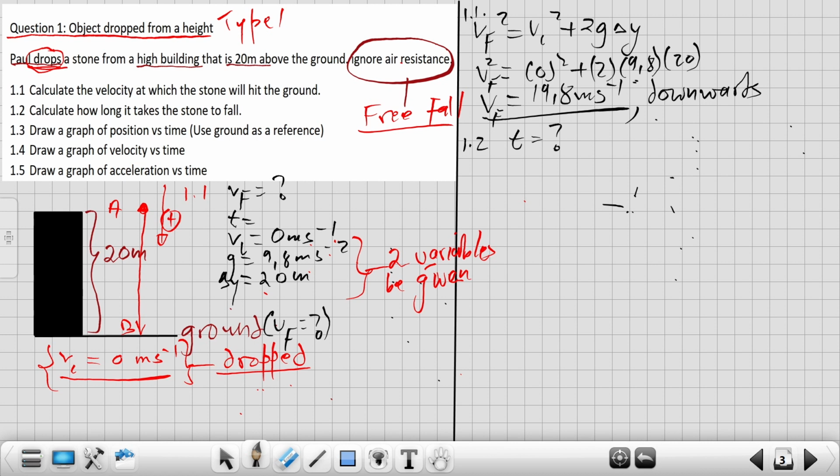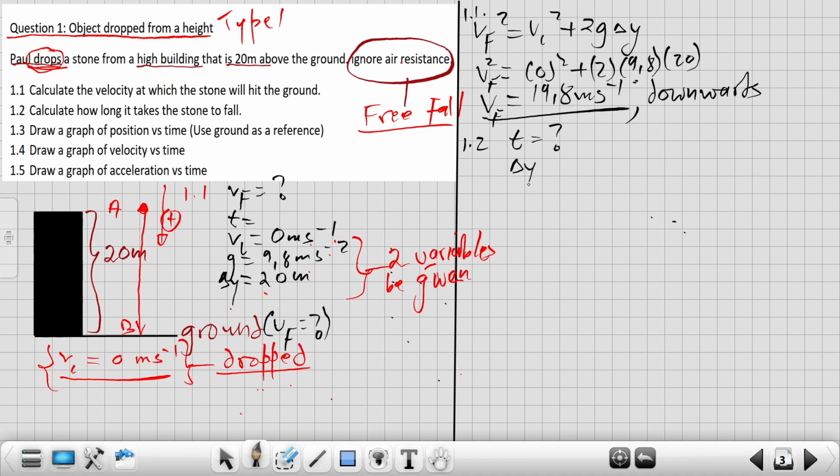I usually prefer not using the previous answer to calculate for the questions that follow. But if the situation allows, then one can do that. But I always try to avoid that. I am using the information that is only given in the statement here. Hence, I will always go back and write down my data.